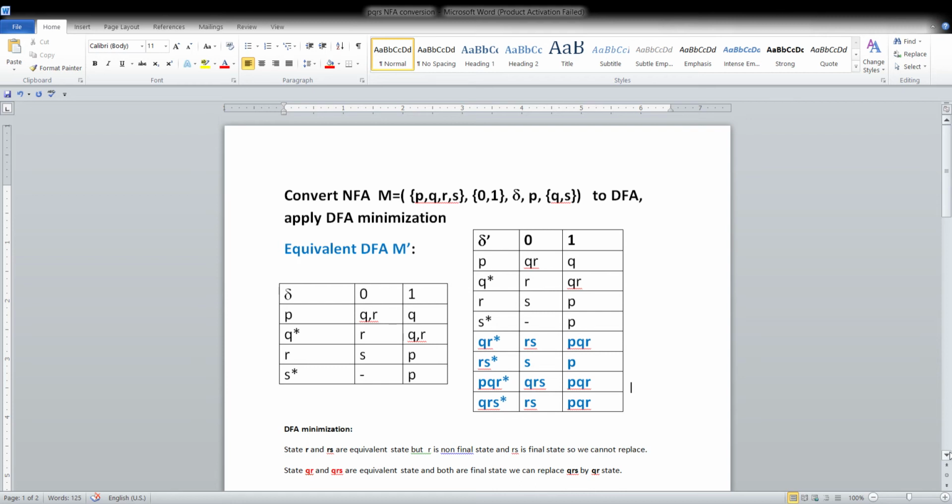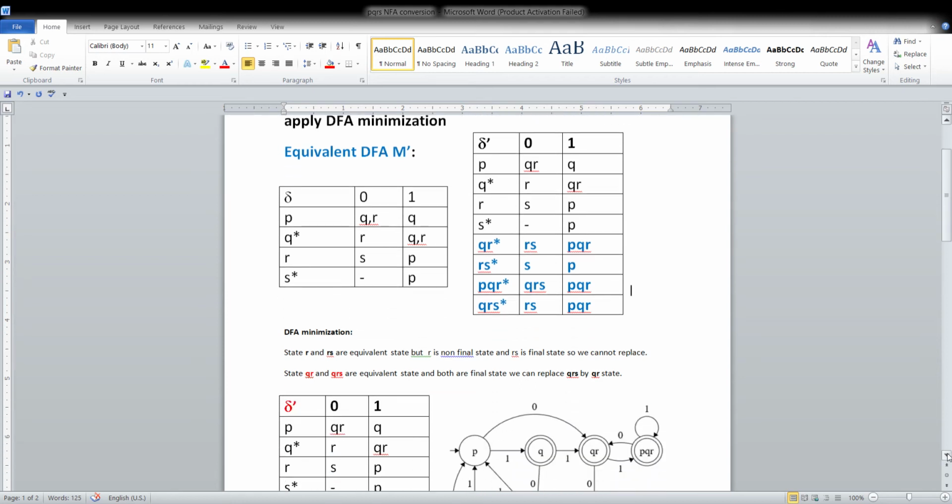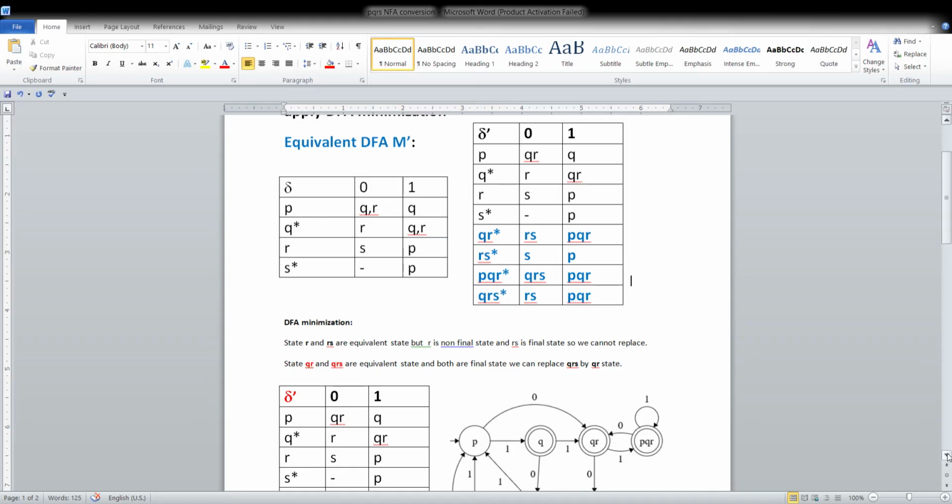So let's apply the DFA minimization first. We know the DFA minimization, we consider a few rules. We can remove the unreachable states, we can remove the dead states, and even we can replace one state by another if they are equivalent. So as you can see in this, the state R and next is RS.